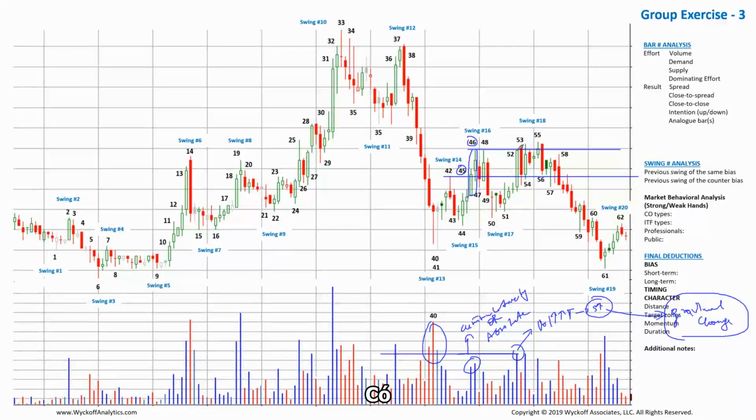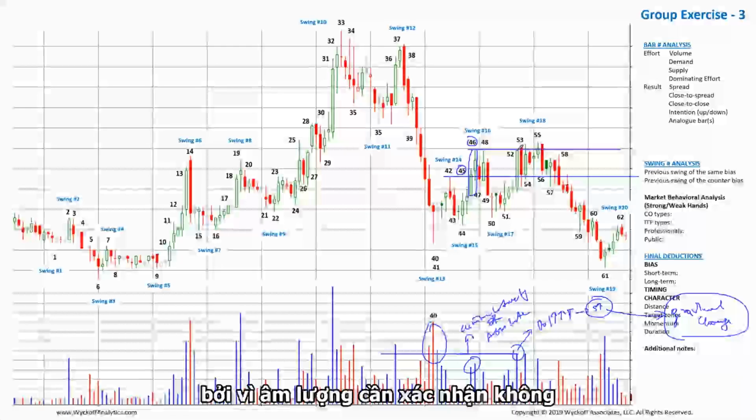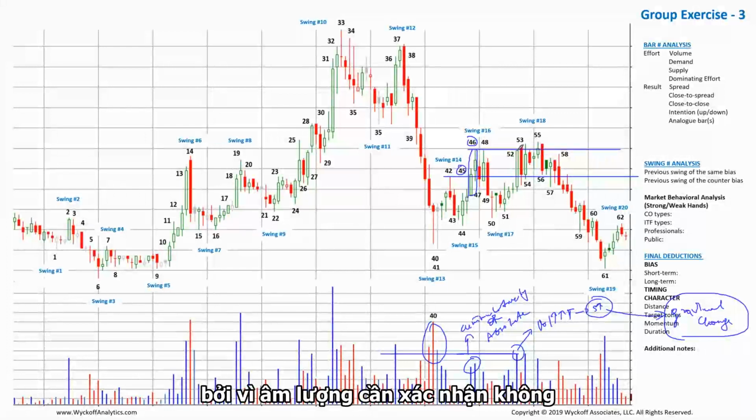Does the volume confirm the price action? Yes. The volume goes up, the price goes up. Volume confirms the price. But that is a little bit of an erroneous statement, because the volume needs to confirm not necessarily just how bullish the bar is. It needs also to confirm a commitment for this bar. What was the commitment?